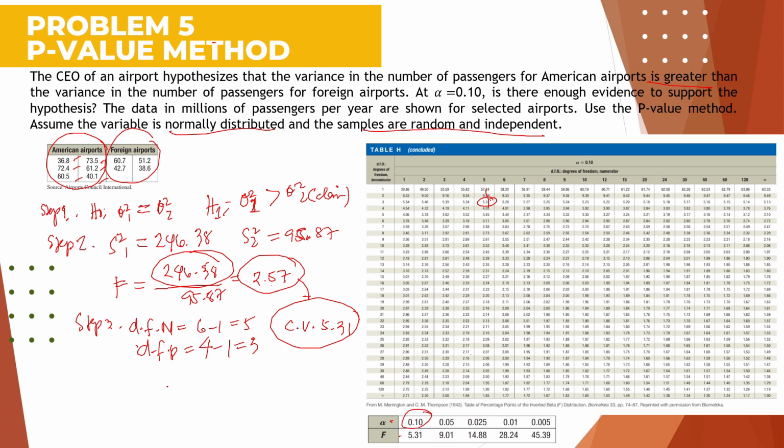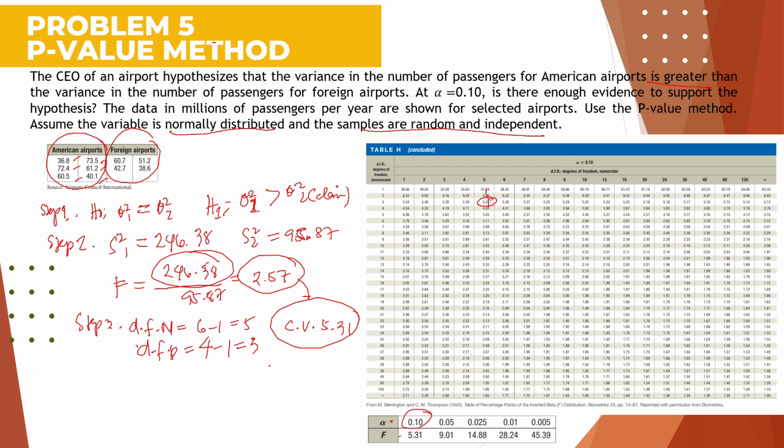So we could say that the p-value of 2.57 is lesser than, since we got here from 0.10, 0.05. In your table, there's 5 and 3 as our DFN and DFD.